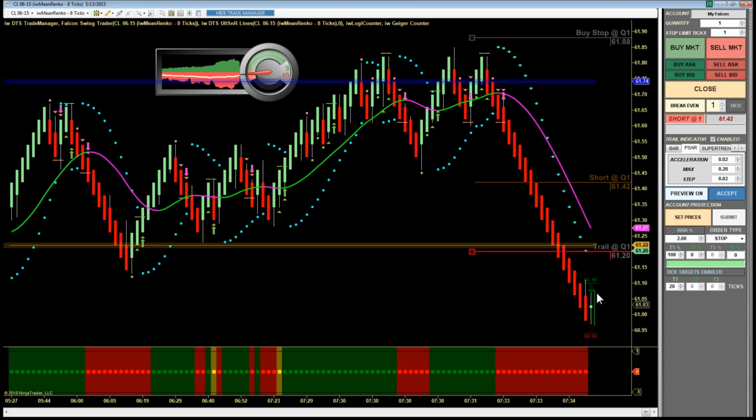So this little green envelope that you see around the current bar, that's part of the Geiger counter also. That's called the trade indicator. It's giving you a short-term interpretation of everything that's going on the Geiger counter. So it's a real quick visual summary saying that, okay, this market's getting a little bit more bullish.